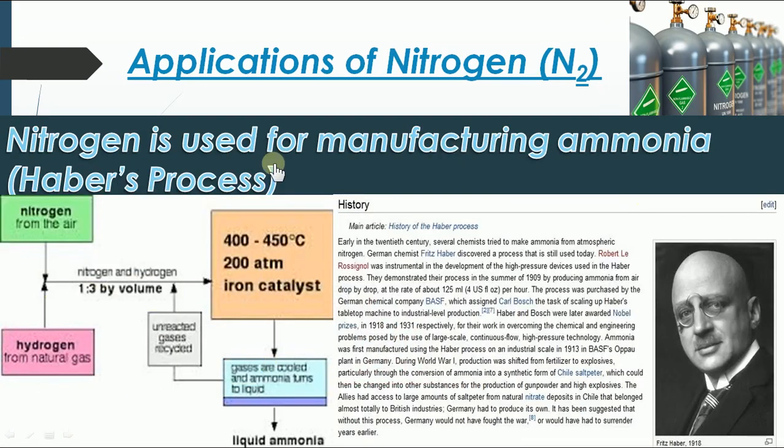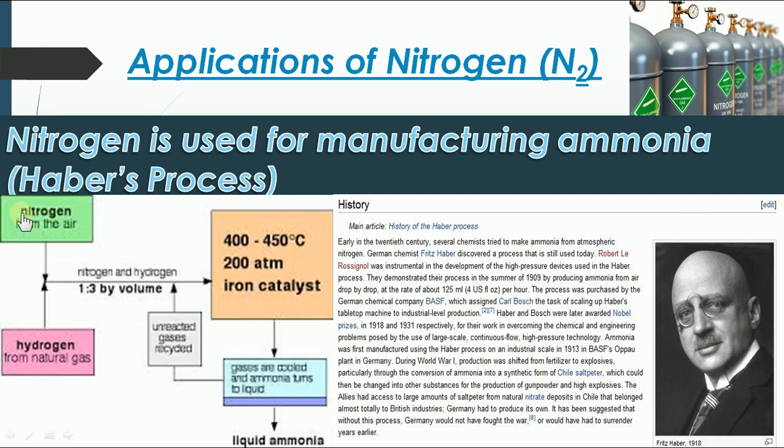Next one, application of nitrogen. It's another interesting element. We have plenty in our atmosphere. Nitrogen is used for preparing ammonia. It's a very important gas, NH3 we call, by the process called the Haber process. You could see the scientist Haber here.